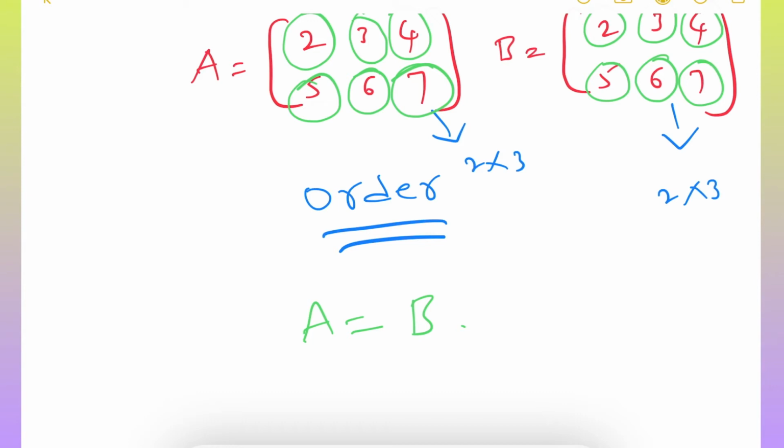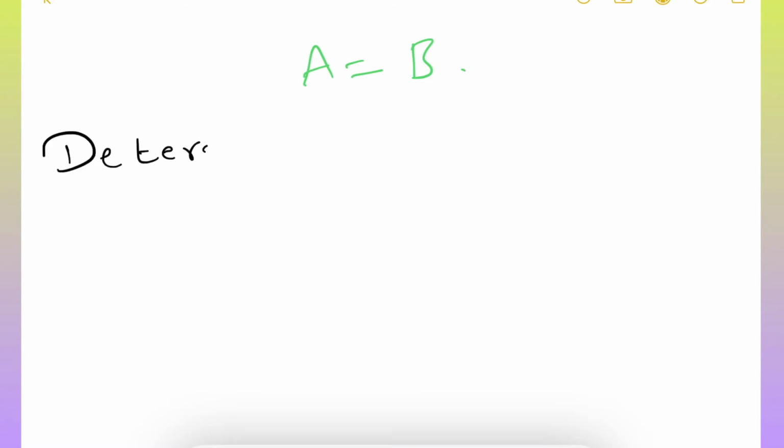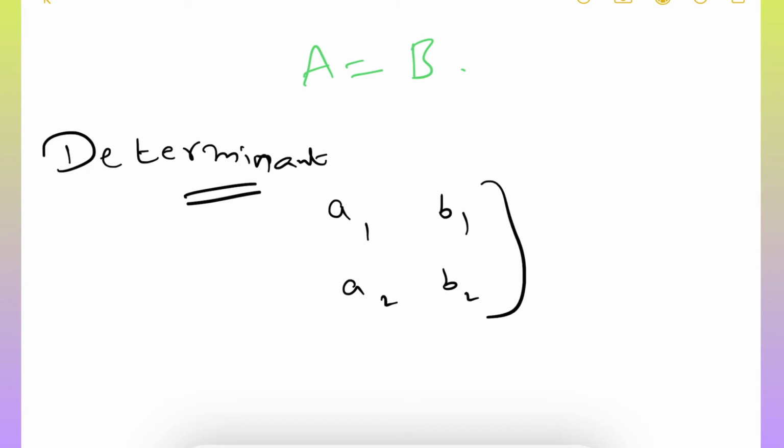The next topic we will discuss is finding the determinant of a 2 by 2 matrix. We have the matrix A1 B1, A2 B2.